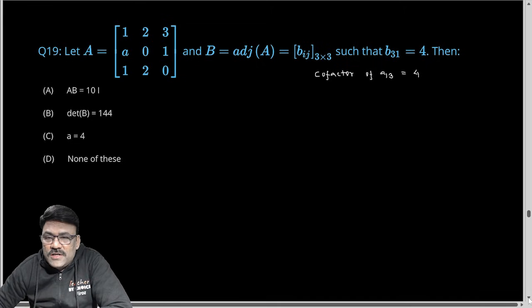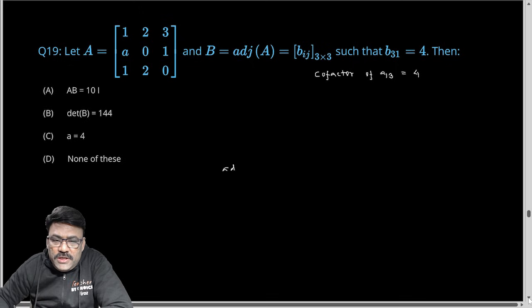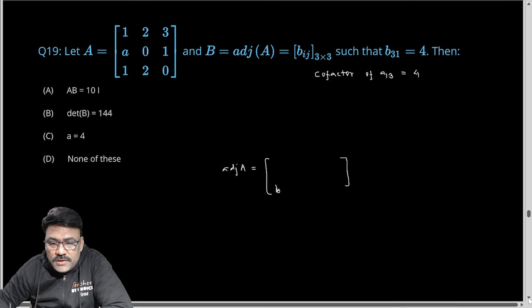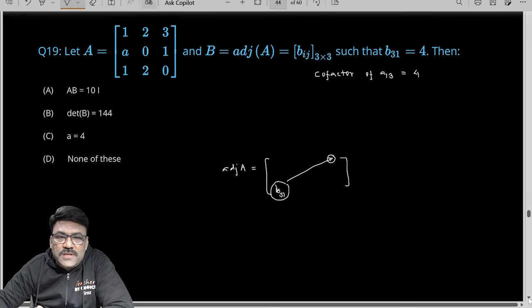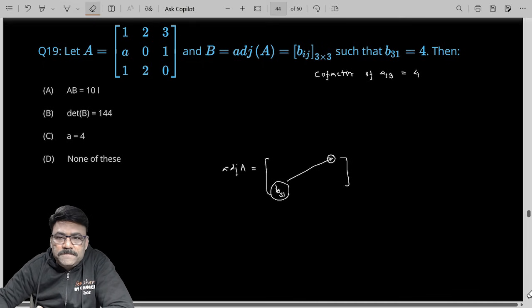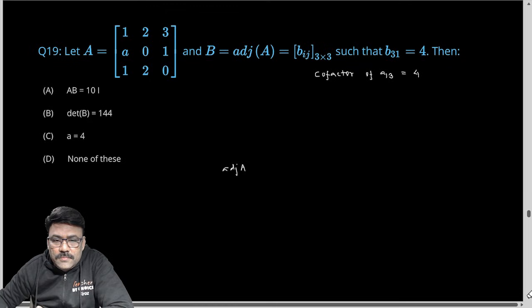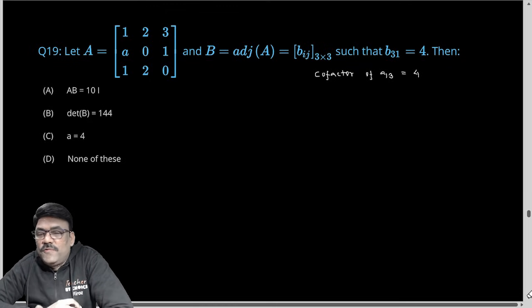So after taking the transpose, this is actually B31. In adjoint A, whatever element is at position B31, the third row here, if I take its transpose again, it will go back. So ultimately this B31 is nothing but the cofactor of A13.